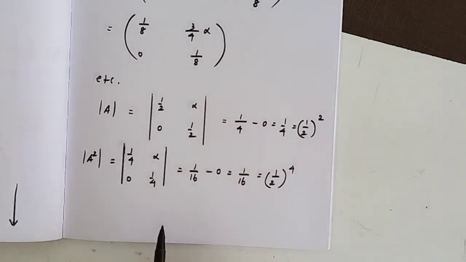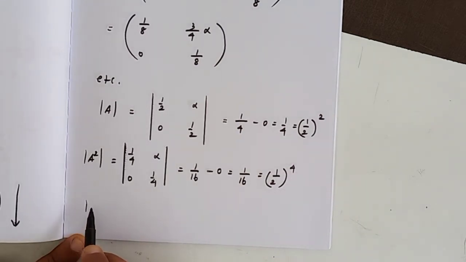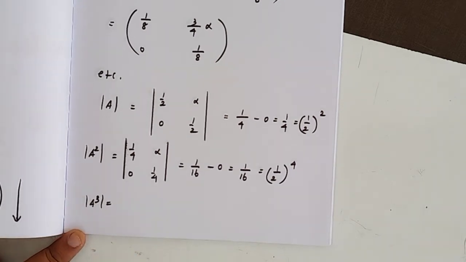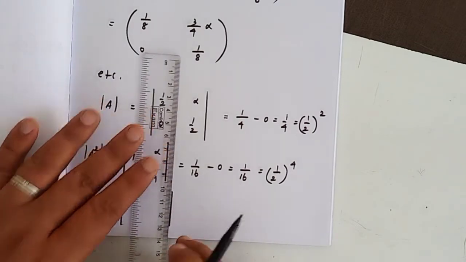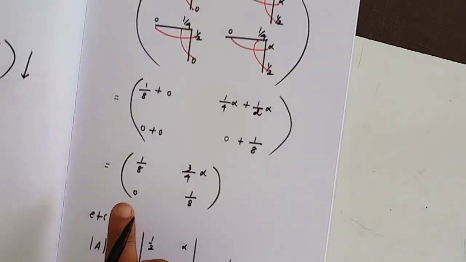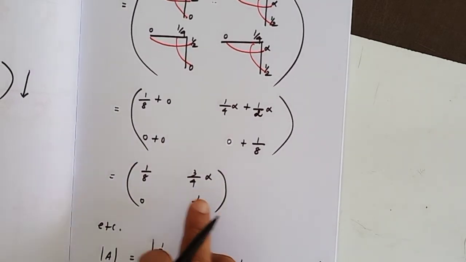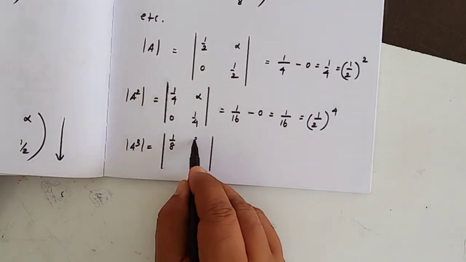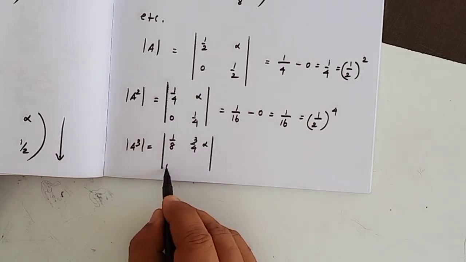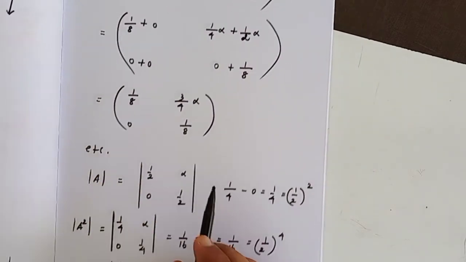Next, determinant of A cube, where A cube is [1/8 3/4 alpha; 0 1/8].